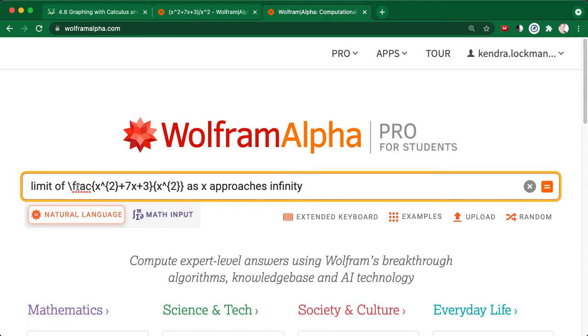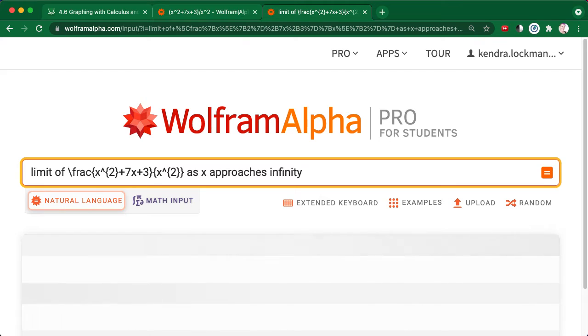This basically says you have a fraction where this piece is the numerator, and the second square curly braces is the denominator. I don't have to worry about the lingo. I can just put in the words that I use to describe this, which is really fantastic about Wolfram Alpha.